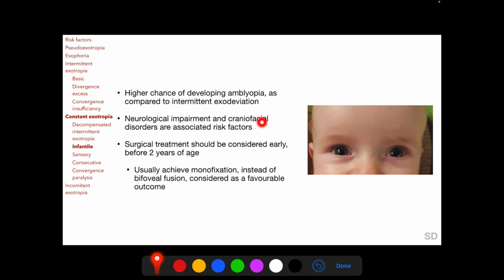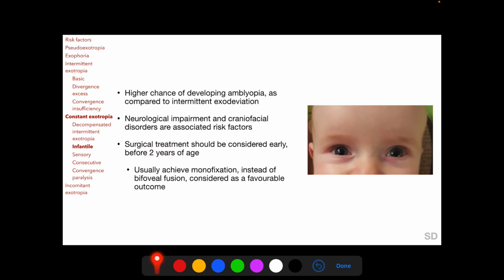Neurological impairment and craniofacial disorders are known risk factors for infantile exotropia, and as in infantile esotropia, surgical treatment for correcting the exodeviation of infantile exotropia is recommended before 2 years of age.